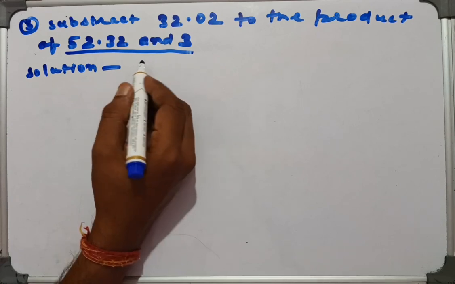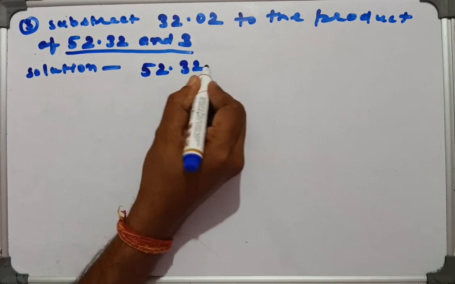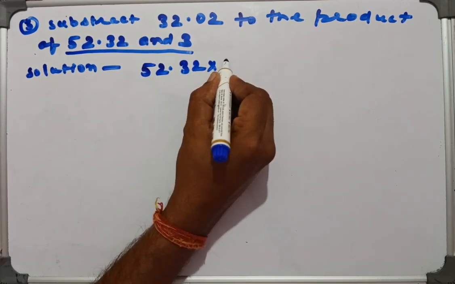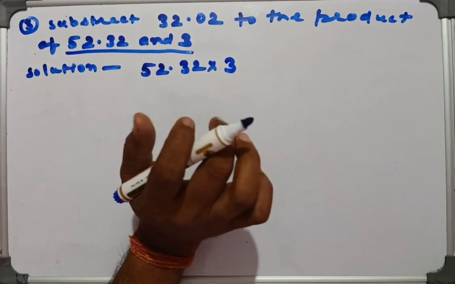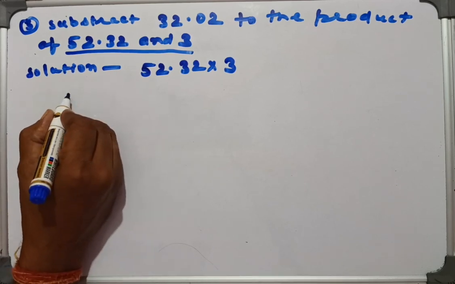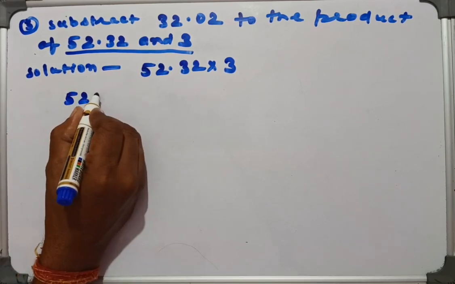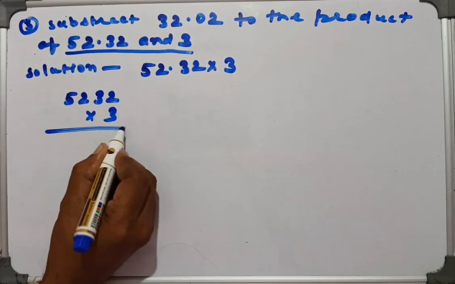So you know, we write the first term of the question like this. How will we make the solution? First we will multiply the whole numbers, like this.